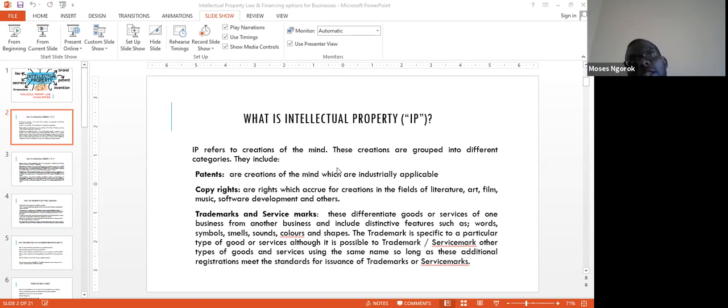But you must note that it's possible to get registration for, like for example, the word Serena, not for a hotel. If the service mark Serena is being used for a hotel, it's possible to get the same for, say, attire, although someone's already using it for a hotel.